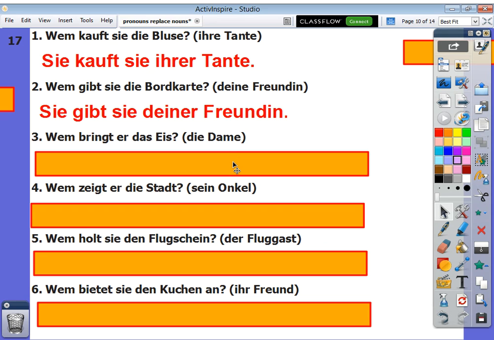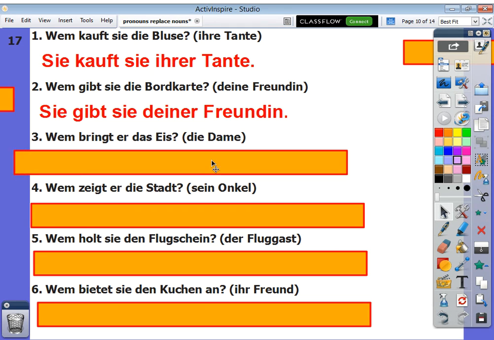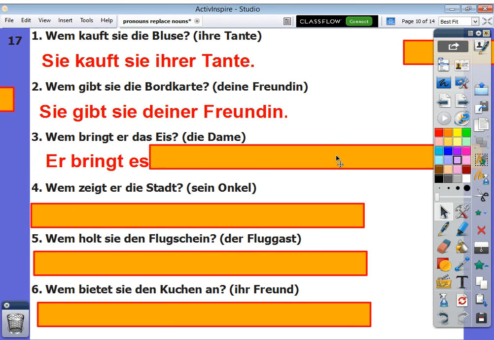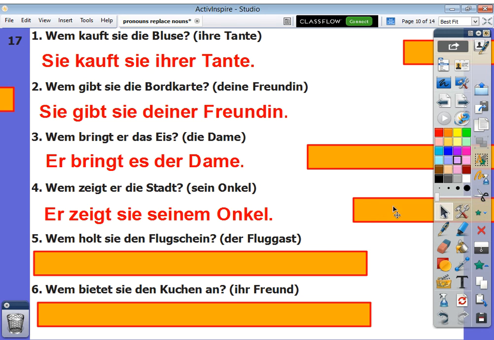Change die Dame into the dative. That one goes last. Okay, now how are we going to replace das Eis? Bringt es der Dame. Talking about the ice cream. Okay, take a moment to see if you can figure out the last three on your own. If you said zeigt sie seinem Onkel, you're correct.